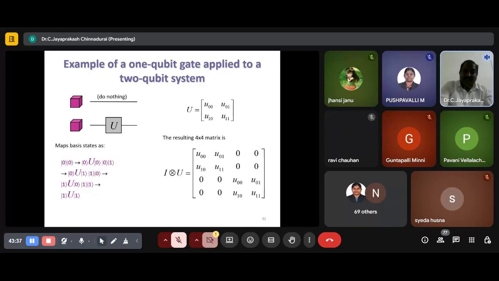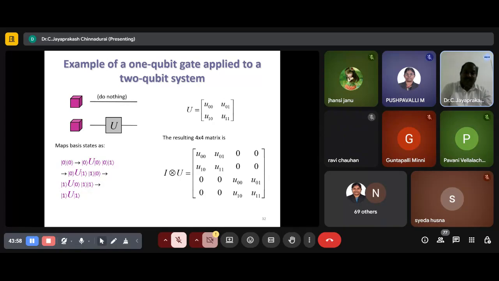See this mapping. The resulting 4 cross 4 matrix is I, with a product you can make with u. So what is the output? Before that we can have the states. One is the 1 qubit gate, another is the 2 qubit gate.